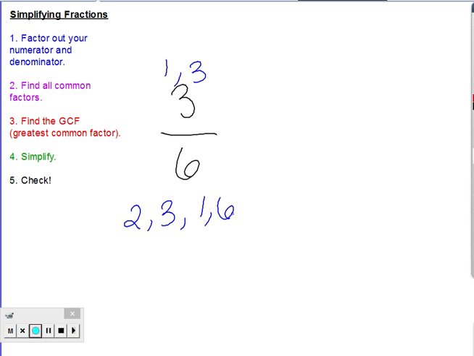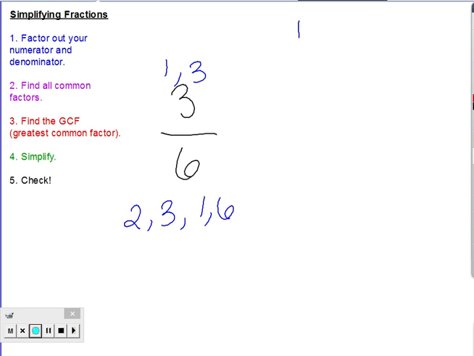Now that we have found all of our factors, our next step, which I'm going to write in purple, is find all common factors. So we need to look at our numerator and our denominator and find all of the factors that they share that are the same. So our numerator 3 has a 1 as a factor, and our denominator 6 also has a 1 as a factor.